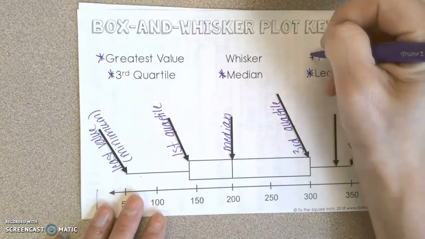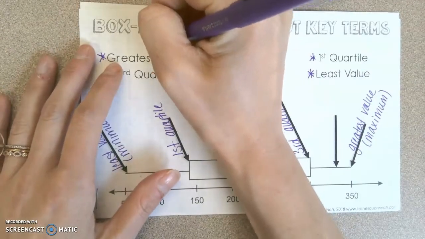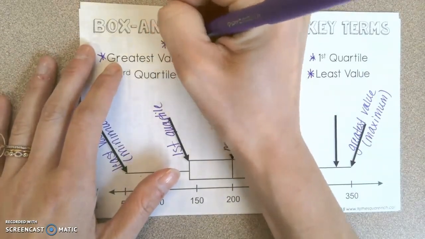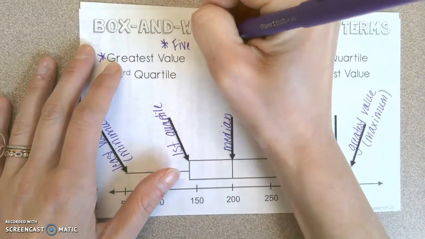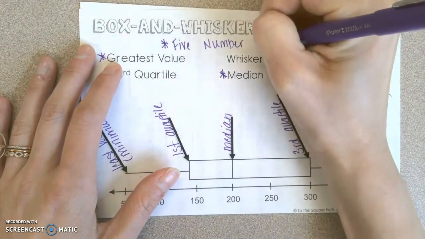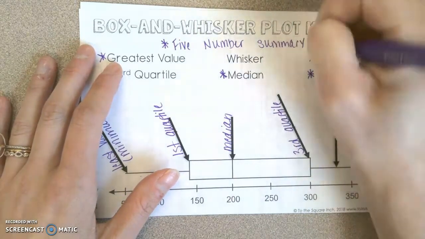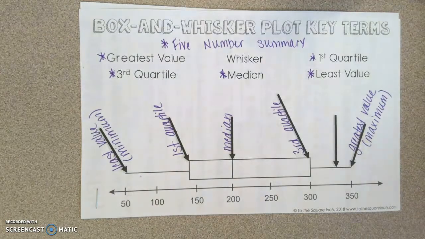And when you find these 5 numbers for your box plot, we sometimes call this the 5-number summary. Those are the 5 numbers that you need for a box plot. So in other words, the 5 numbers that summarize that.